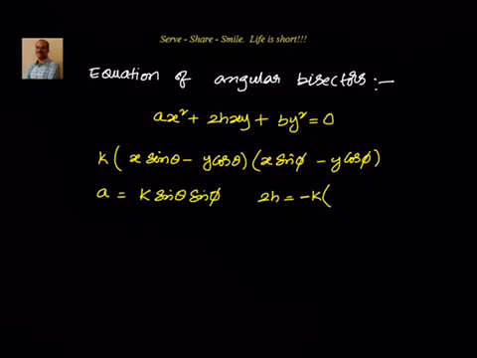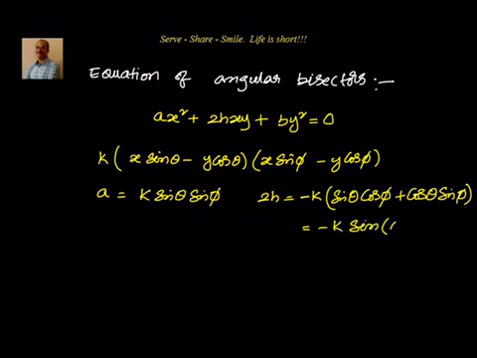So can I write 2h = −k (sin θ cos φ + cos θ sin φ), that is what is giving us the xy term, which is nothing but equal to −k sin(θ + φ). So these are the two relations.